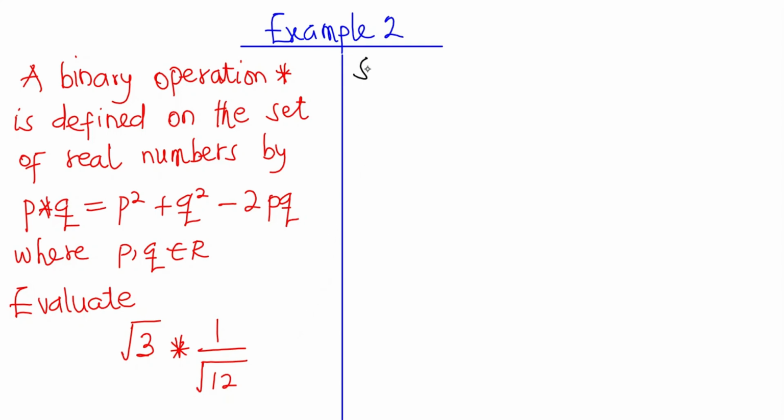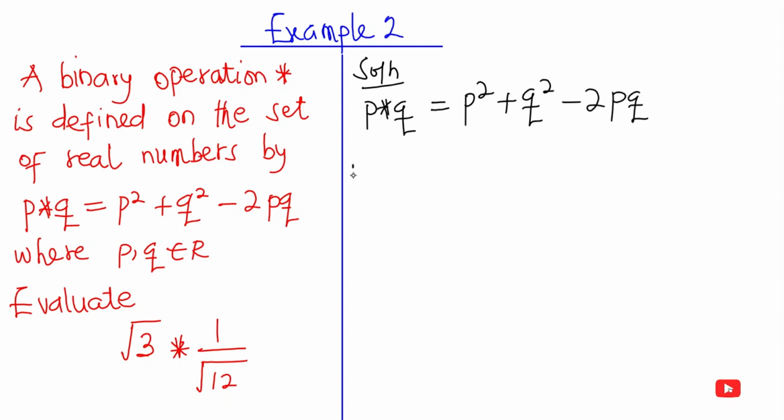So here the general rule is p star q, which is equal to p squared plus q squared minus 2pq, and here we have square root of 3 star 1 over square root of 12, which means that wherever we see p, we are going to substitute square root of 3 there, and for q, we are going to substitute 1 over square root of 12.